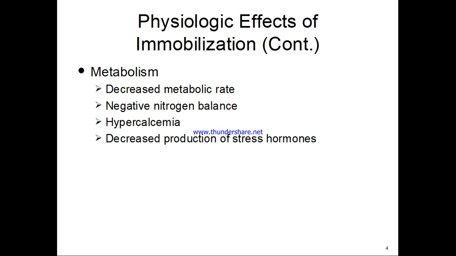There are metabolic effects from immobilization. Those include decreased metabolic rate. We talked before about how immobilization can cause obesity in some children, negative nitrogen balance, hypercalcemia, and decreased production of stress hormones necessary for growth.